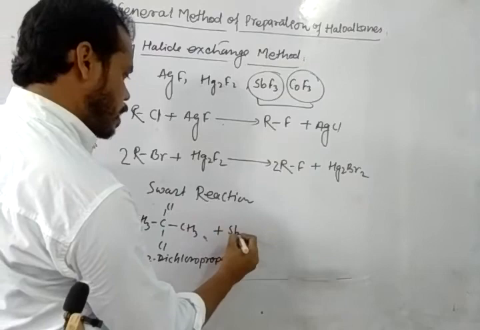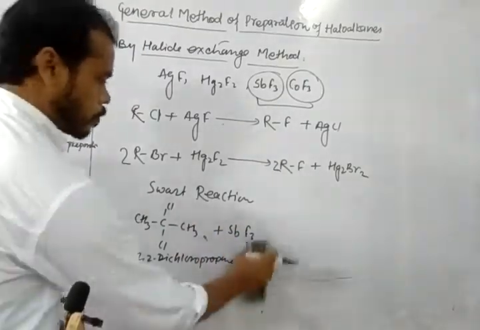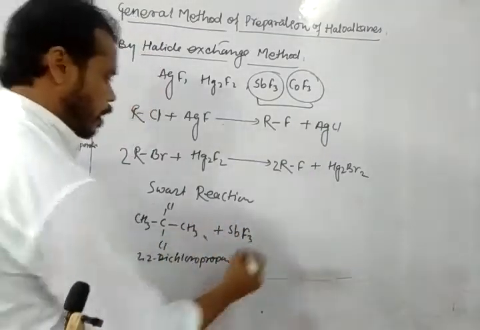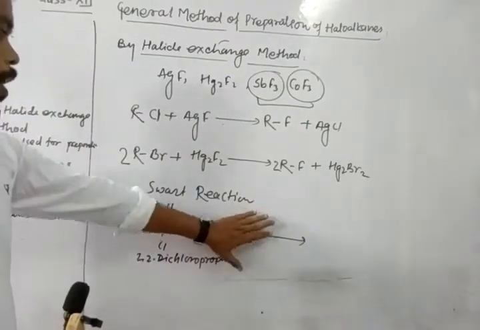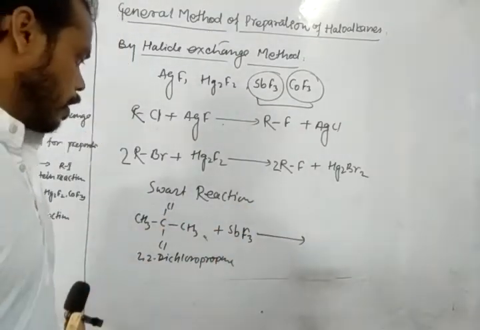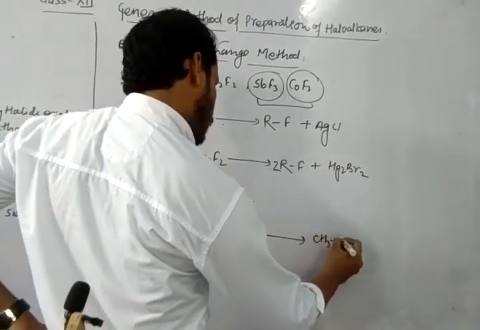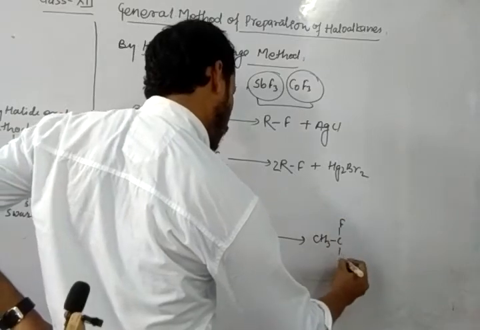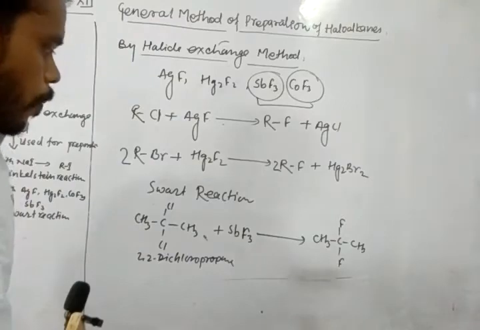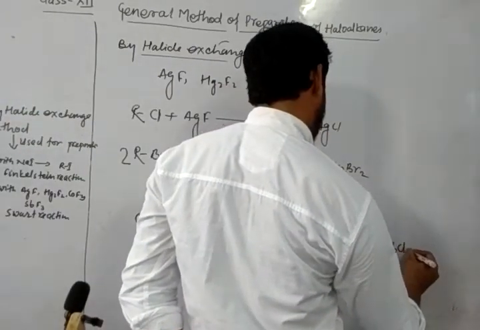Take here SbF3, antimony trifluoride. When antimony trifluoride reacts with dichloro or trichloroalkanes, it forms CH3CF2CH3 from 2,2-dichloropropane, and as a byproduct SbCl3.